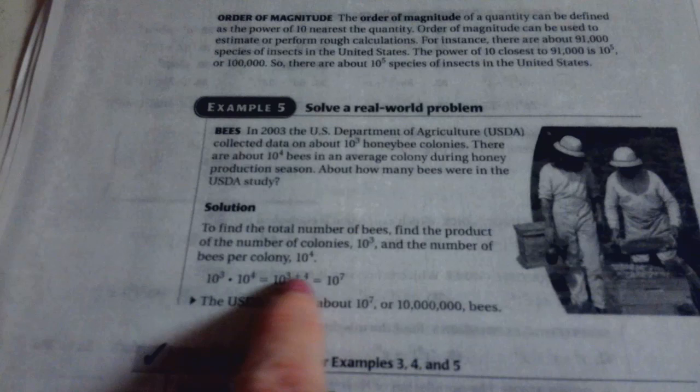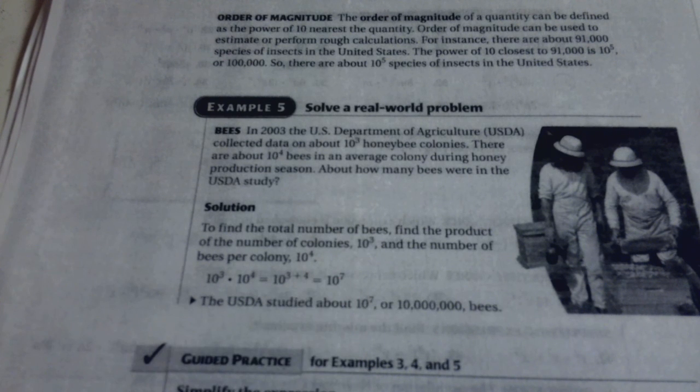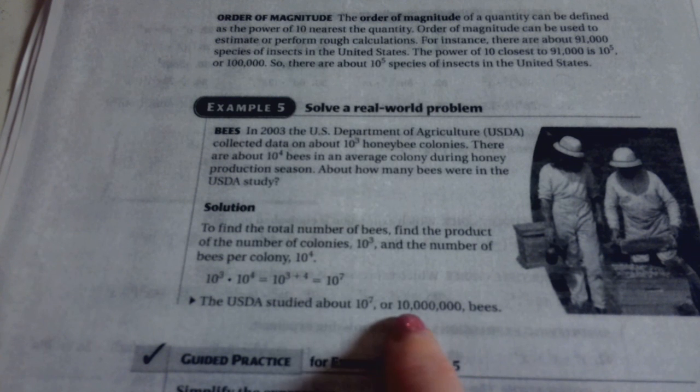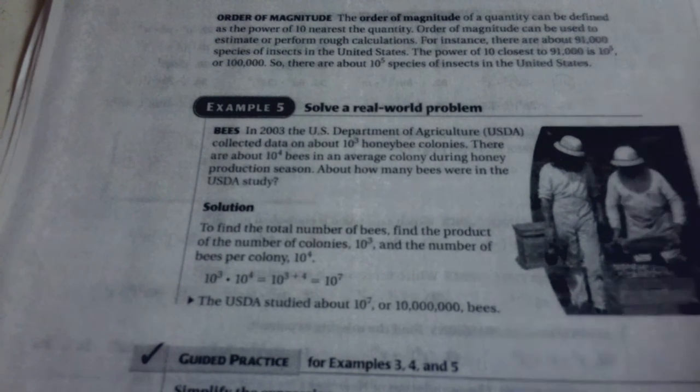Just multiply them, which means you add the exponents. So this would be just 10 to the 7th power, which is a lot easier to write than all these 7 zeros here. Okay, so we're looking at 10 million bees. Lovely. I like bees. But anyway, they're good for us, right? The honey and the pollination of the flowers.